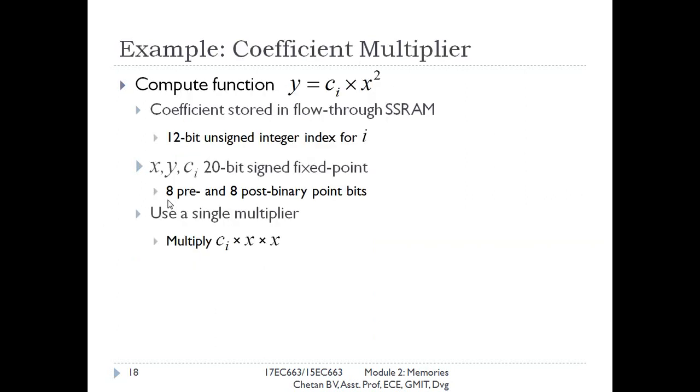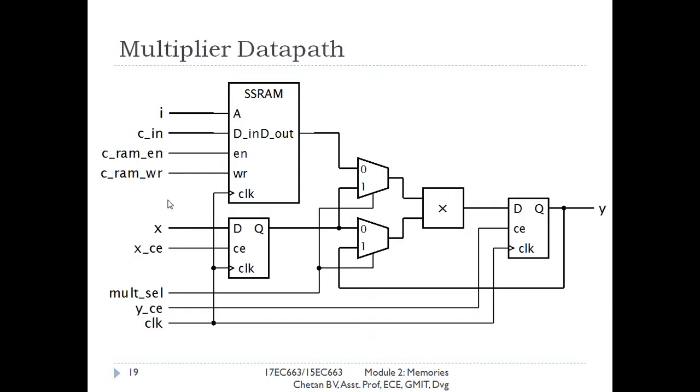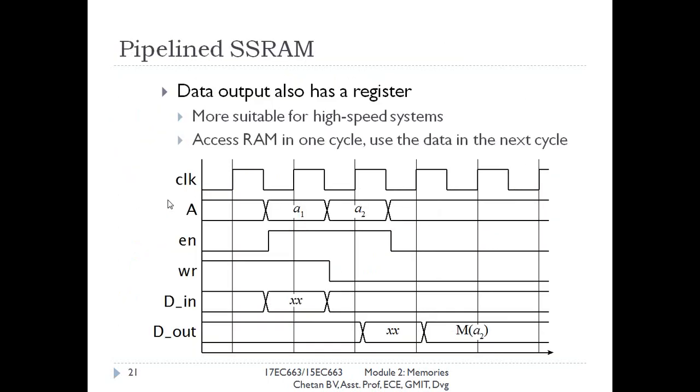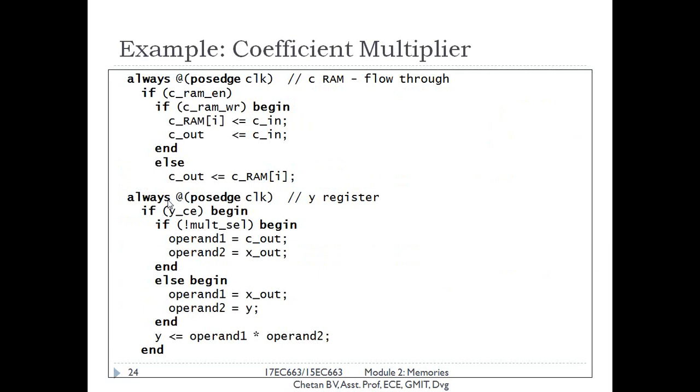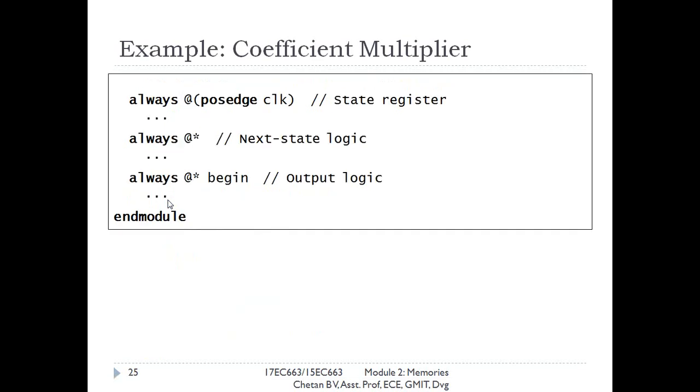Then pipeline synchronous static RAM, which is the second category, which has registers at both the input side and output side. And we have discussed how to model the memory in general in Verilog, and also the model of this coefficient multiplier. Thank you.